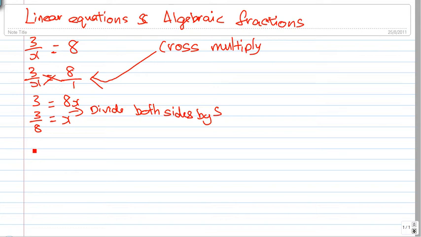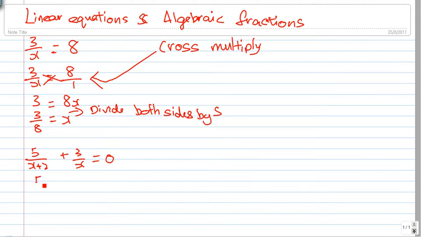Say we have 5 over x plus 2 plus 3 over x equals 0. In a situation like that, we've got two algebraic fractions. Can we express it as a single fraction?